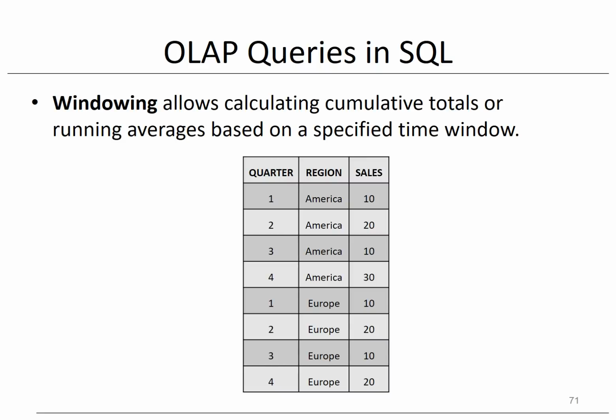Windowing allows calculating cumulative totals or running averages based on a specified time window. In other words, windowing allows getting access to more than one row of a table without requiring a self-join. Consider the table shown here.